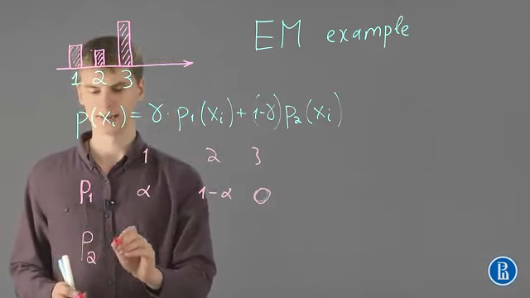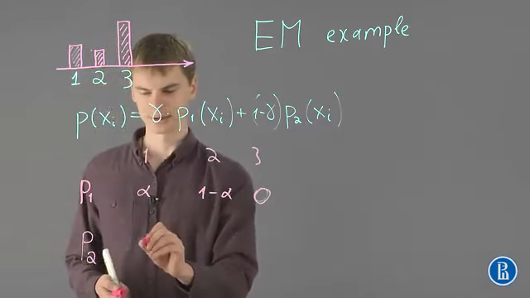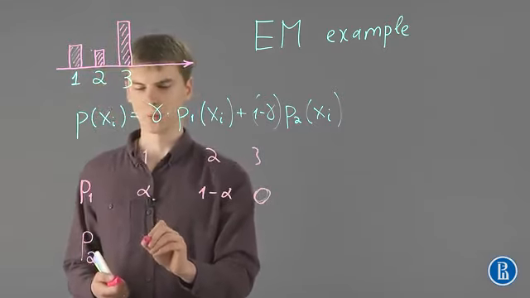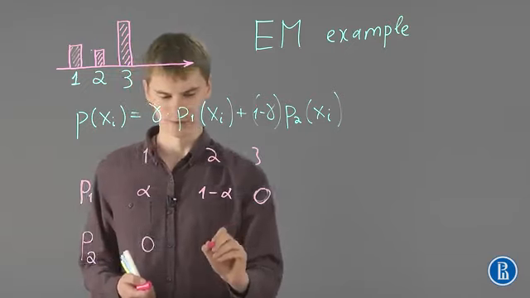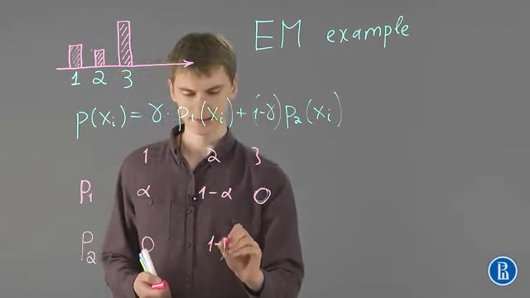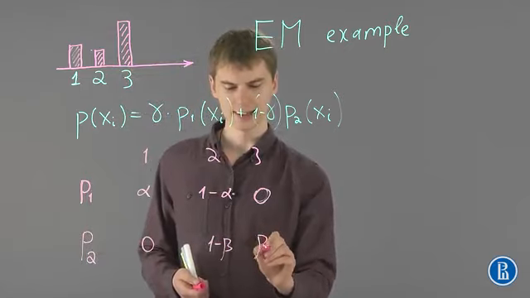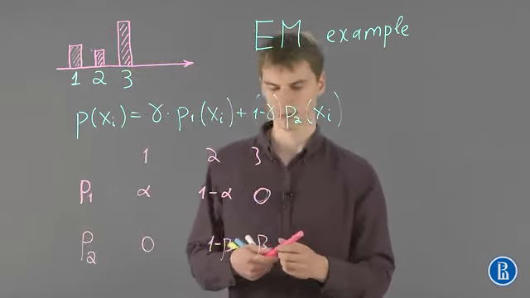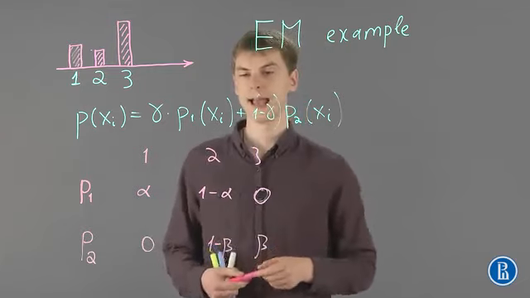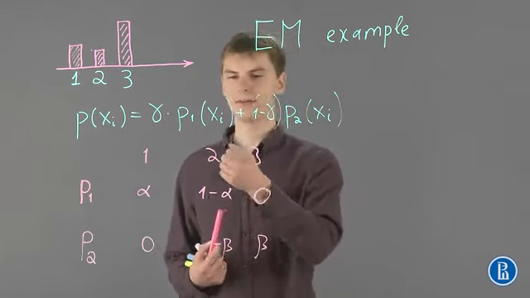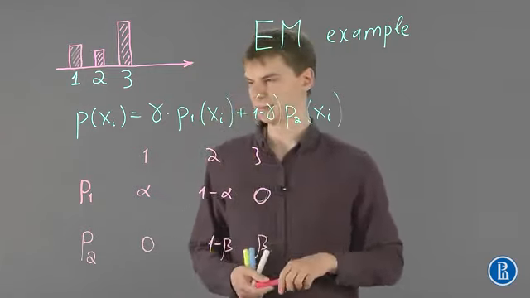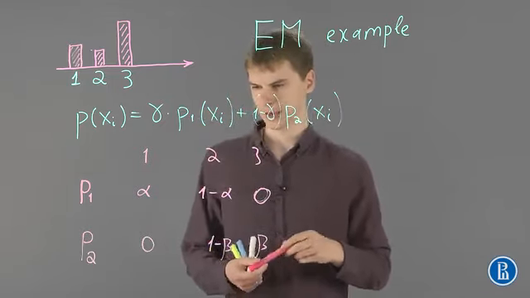So let's forbid P1 and P2 to take some of the values, so they have to cooperate to explain this data well. Let's say that P2 has one parameter, beta, and it takes values 2 and 3 with some probabilities which we don't know. And let's try to estimate this alpha, beta, and gamma by using the expectation maximization algorithm.